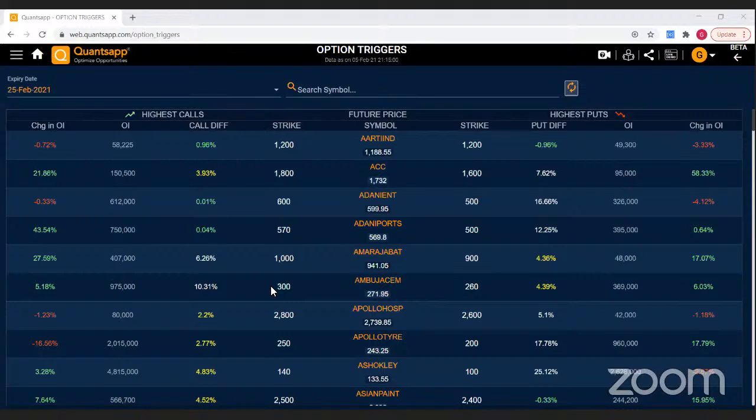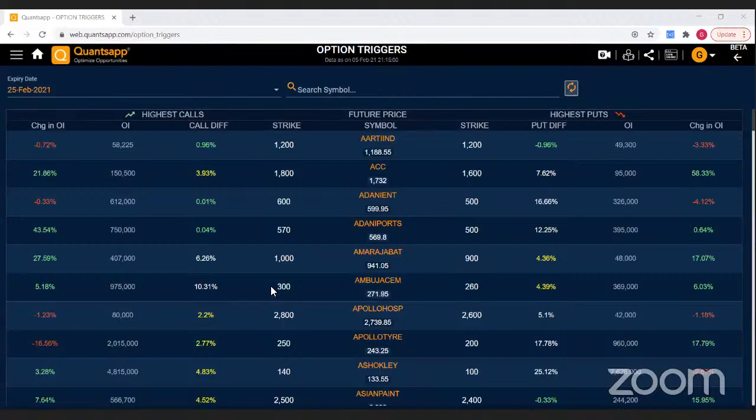In the same way, if the stock is trading at 998 and the future price is at 1000, sorry, the highest call OI is at 1000. At that particular point, call unwinding is happening. And suppose at that level it is 50%, 70%, 100%, whatsoever the percentage.